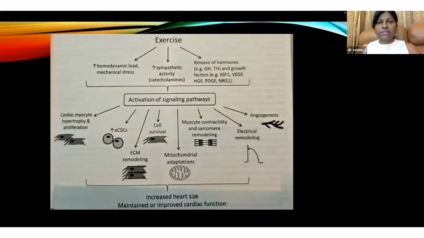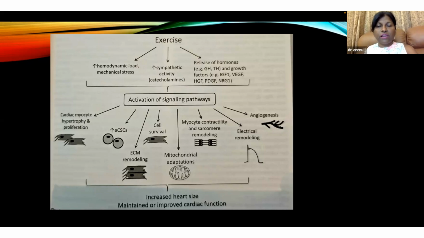So, what causes this remodeling is what we need to know. One is hemodynamic load and mechanical stress, and increased sympathetic activity, which leads to increased exposure to catecholamines. There is also increased release of hormones like growth hormone, thyroid hormone, and some growth-stimulating factors, IGF-1, VEGF.